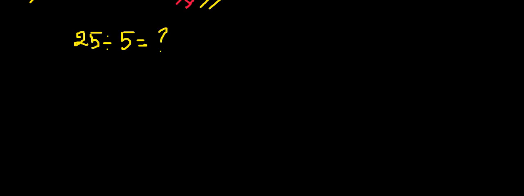The sign for division is this, and the sign for long division would be this. The way it goes is that the dividend will go over here, 25. The other number, which was this, and we called it, yeah, you got it.